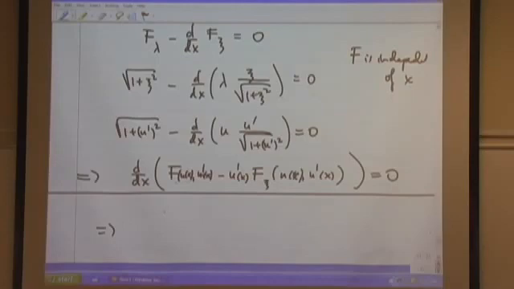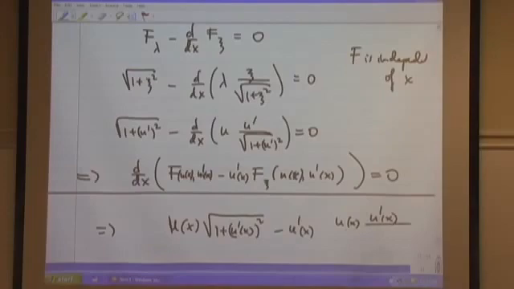So in the end, you can just write what this equivalent form is. f was lambda, so that's u of x times the square root of 1 plus u prime of x squared, minus u prime of x times the partial of f with respect to the second variable, that was u of x, u prime of x over the square root of 1 plus u prime of x squared, equals a constant.